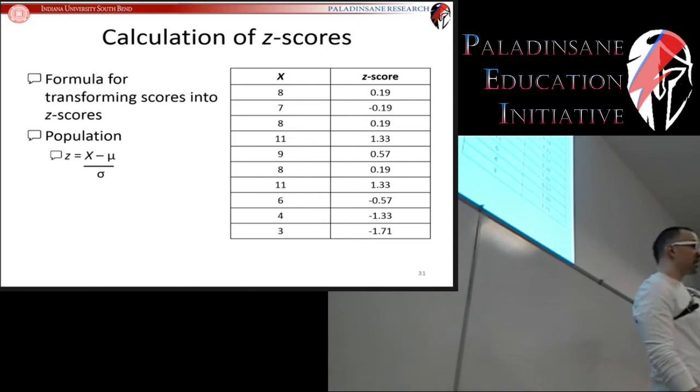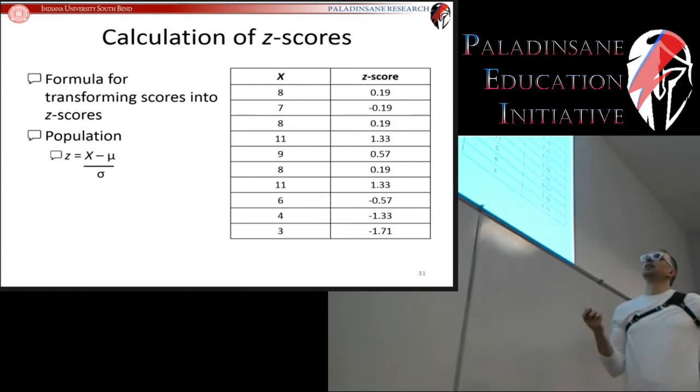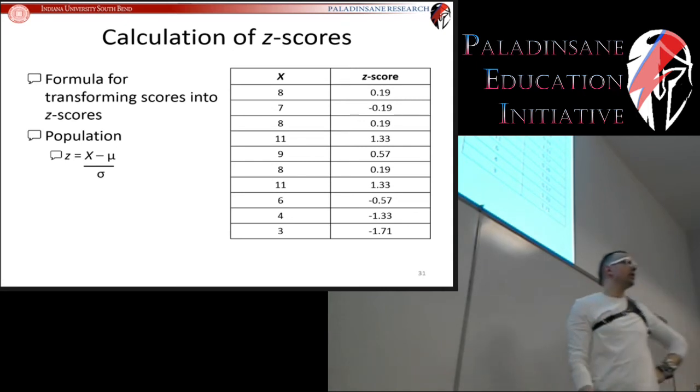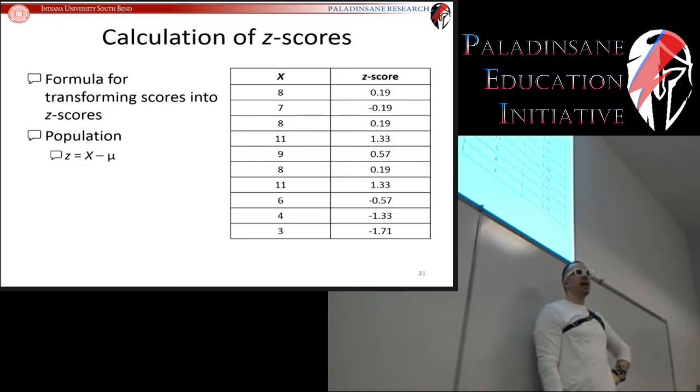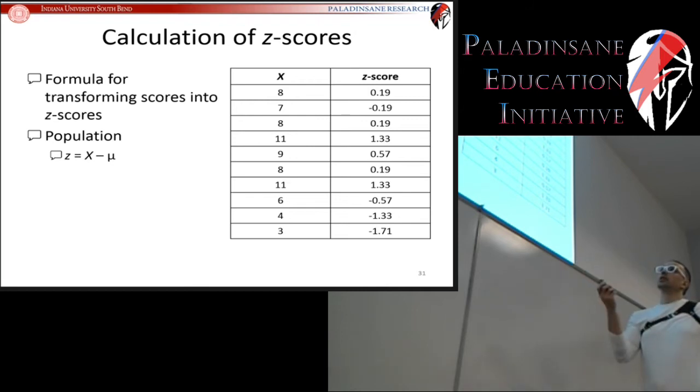So what this does, just to give you a conceptual understanding of it, the top part there, the numerator, you might recognize as deviation. Remember last time when we were talking about variability, raw score minus the mean gives you your deviation. So this is the deviation of the raw score from the mean.